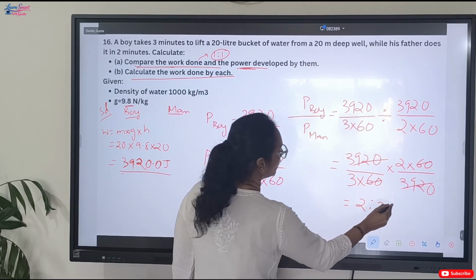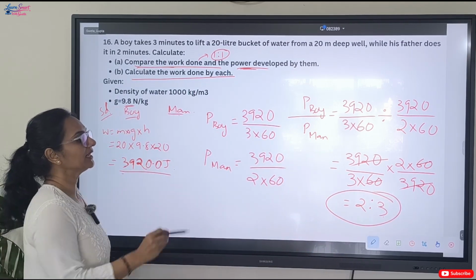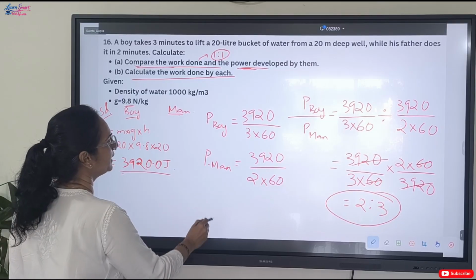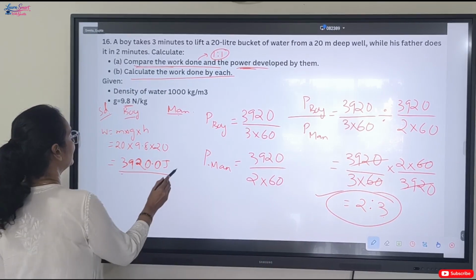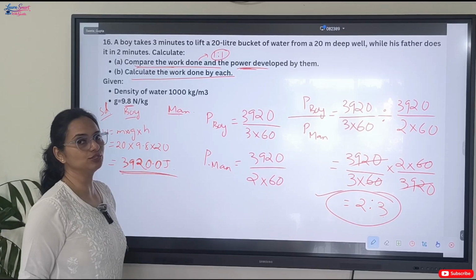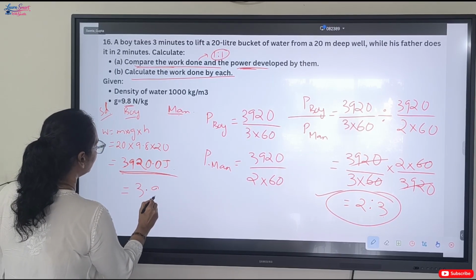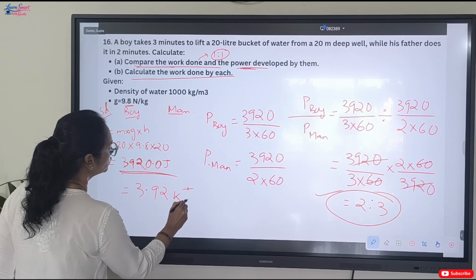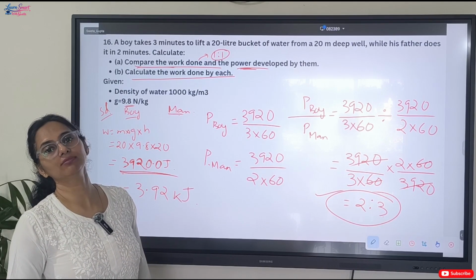So power of the boy upon power of the man is 2:3. So we can calculate the power of boy and power of man and we get 2:3 and work done by each of them is 3920 joules or we can also say 3.92 kilojoules. And this is how very simply we can solve this question.